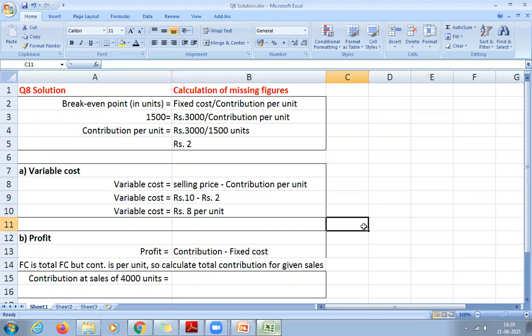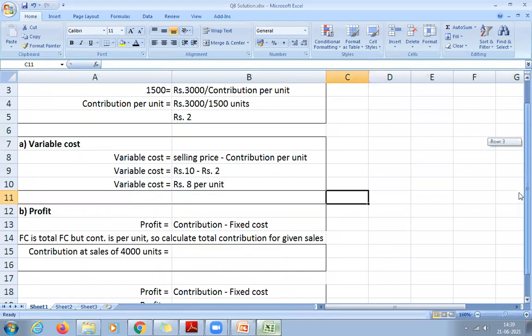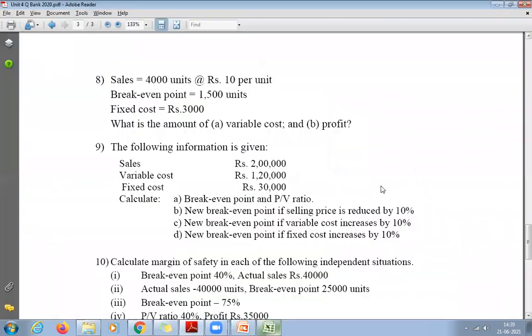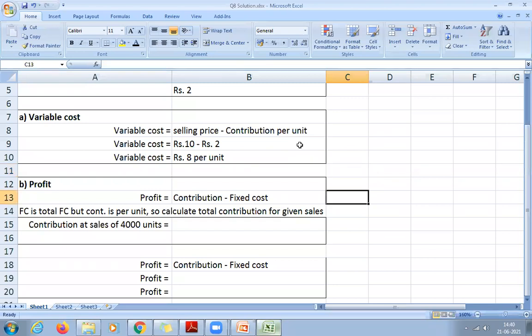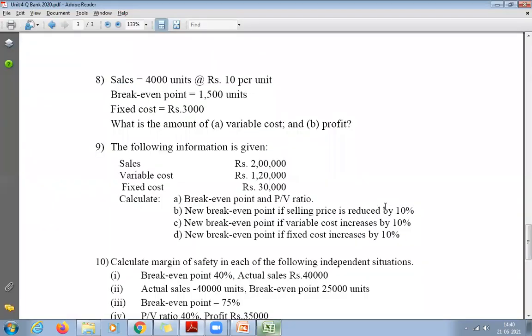This is how we can calculate the missing value using the break-even formula. Next, we have to calculate profit. Now I know contribution, sales, fixed cost and break-even point. Any idea how to calculate?